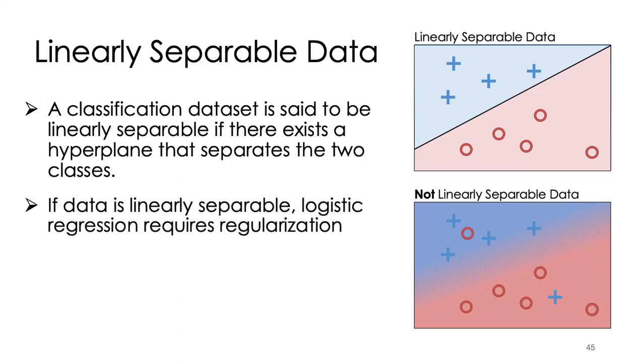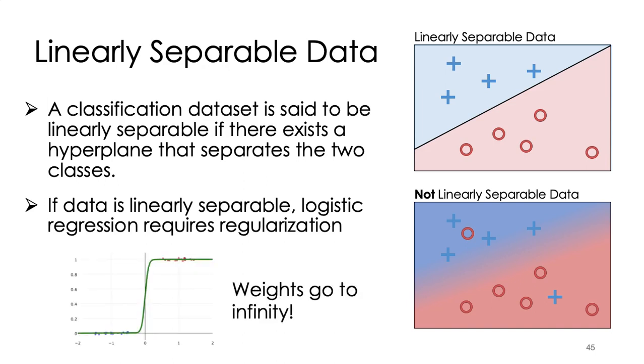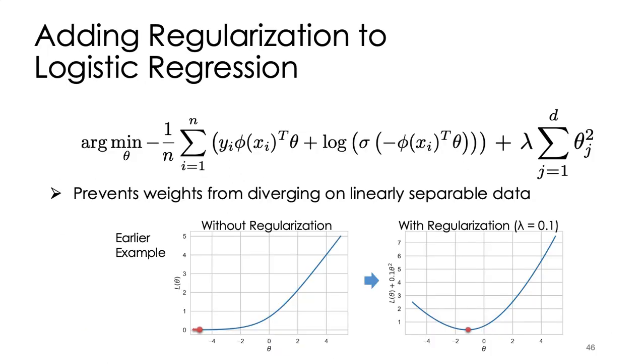And it turns out that for logistic regression on linearly separable data, you have to regularize. Otherwise, your weights go off to infinity. We had an example where the theta was going off to minus infinity. So the solution is to use regularization. You have the original loss function, and then you have lambda times some penalty that you give yourself, and just squaring the thetas is often good enough.